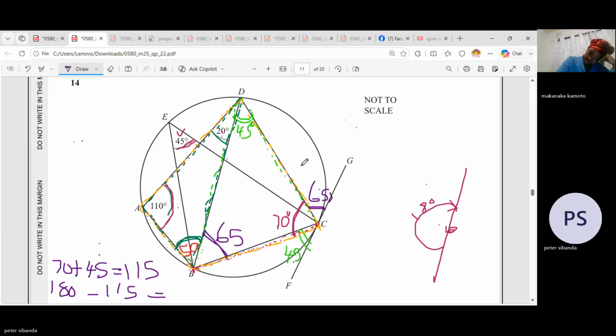Good. I could have gotten this 65 using another theorem. I know what this whole angle is. In a cyclic quadrilateral, remember our cyclic quadrilateral that is brownish? Yes. If this opposite angle is 20 plus 45, it means it is what? The whole of it? 65. So since this whole other angle is the opposite, what is this whole angle supposed to be? 115.